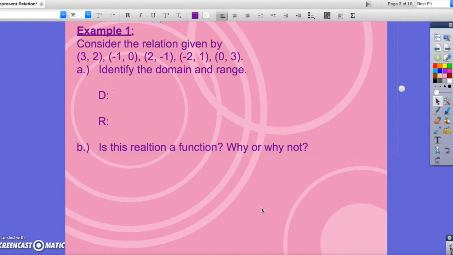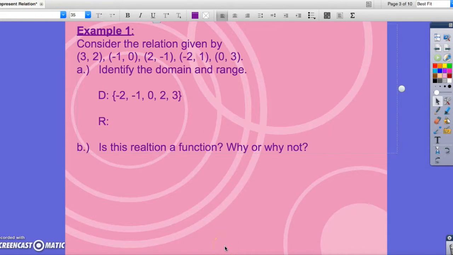A lot of times in math, probably in trig more than anything else, we like to use these little squiggly brackets. The domain is all the what? The x values. I like to order them from least to greatest as I go. So I have negative 2, negative 1, 0, 2, and 3. Once again, domain is all of the x values.